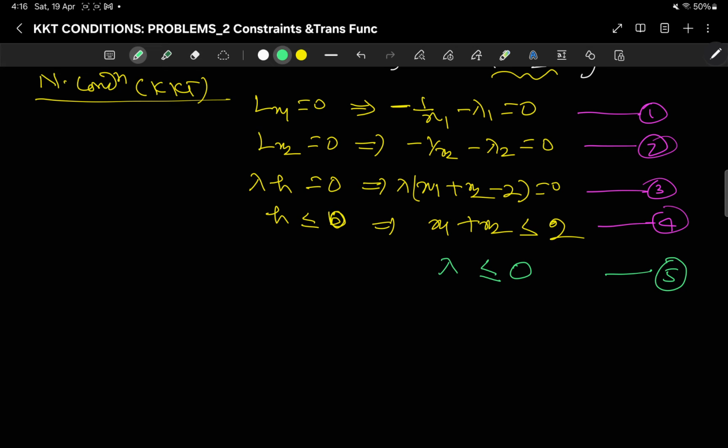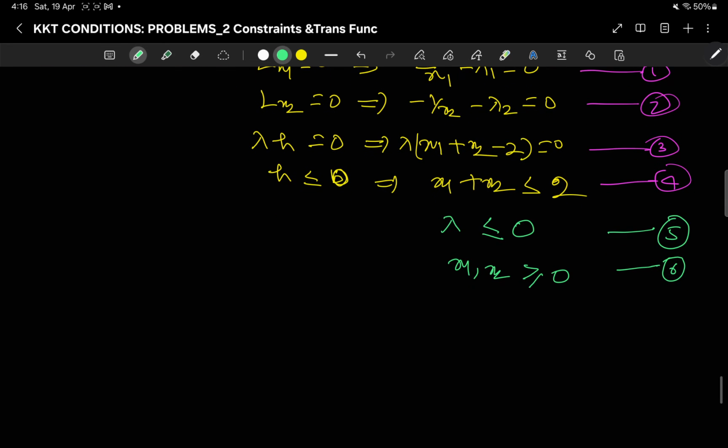Then your next condition: x1, x2 greater than or equal to 0. It is condition 6. Since we have one lambda, there arise two cases here: lambda not equal to 0 and lambda equal to 0. There arise two cases.